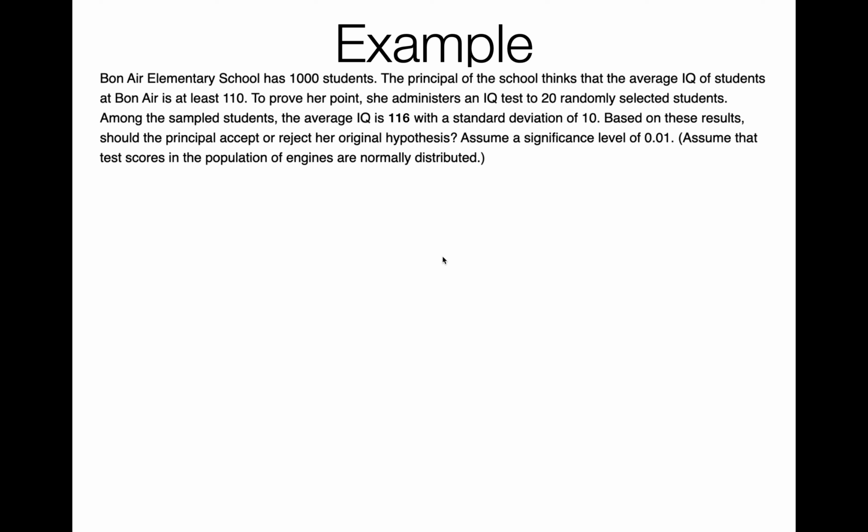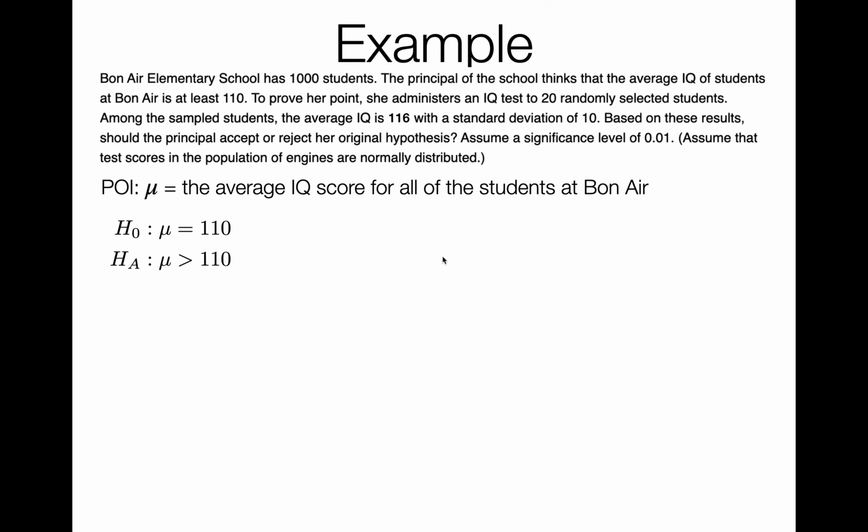Here we go. The first step is, of course, the parameter of interest, I'll call that POI. It's mu. We're looking at a mean, the average IQ score for all students at Bon Air Elementary School. The hypotheses are this.